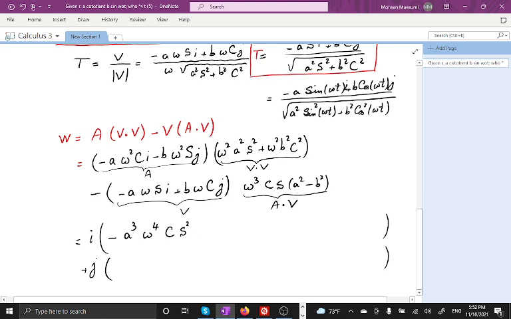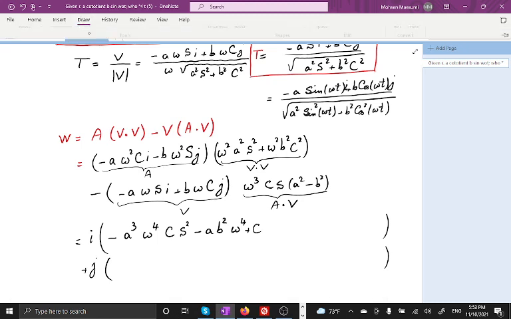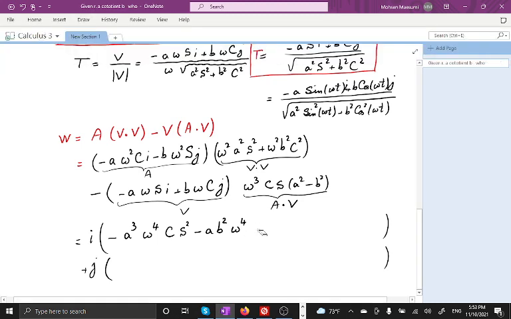Okay, how about the other one? This times same, so that's another number here I have to multiply by the i. So I'm going to write that one minus, I have a b squared, similar things next to each other, omega squared, omega squared, omega to the power of 4, c times c squared, that's going to be c cubed.